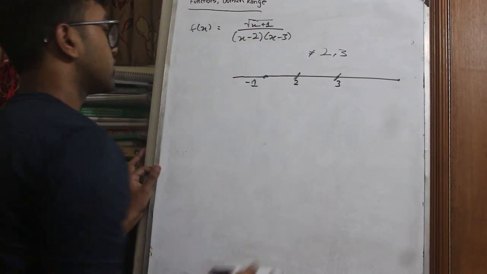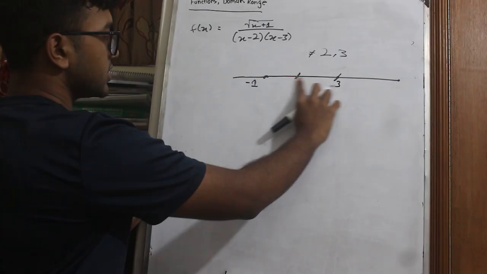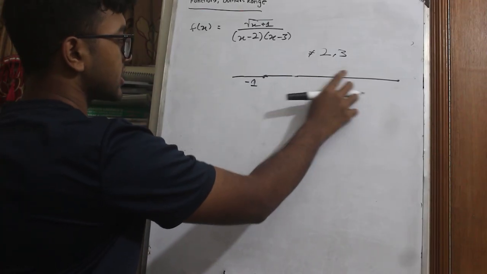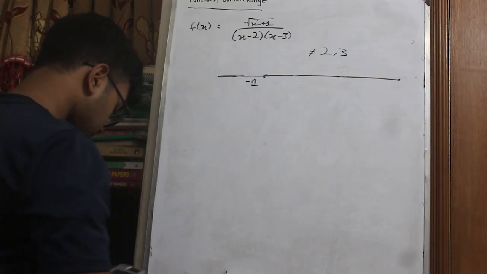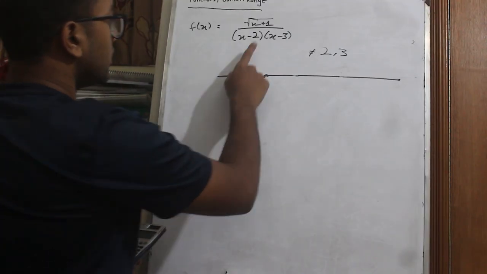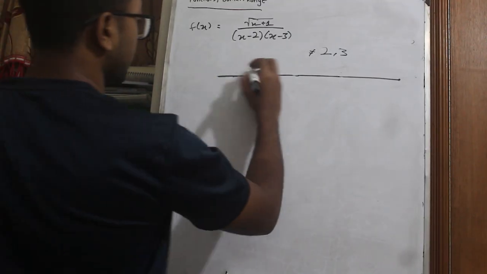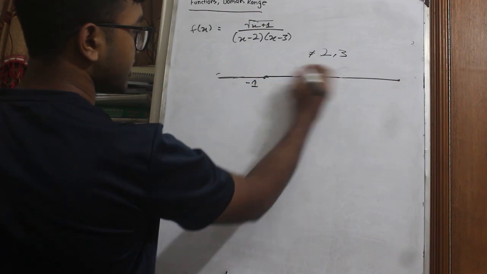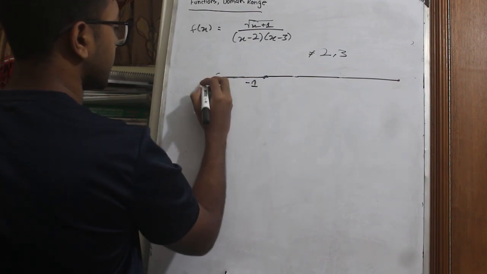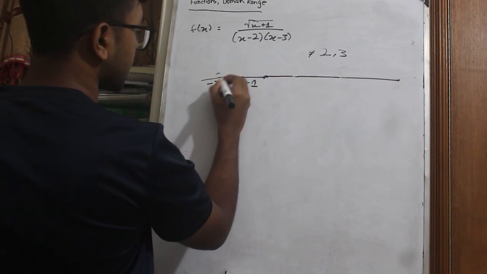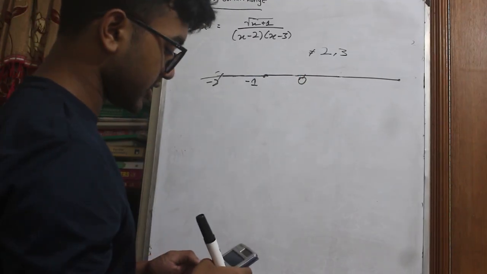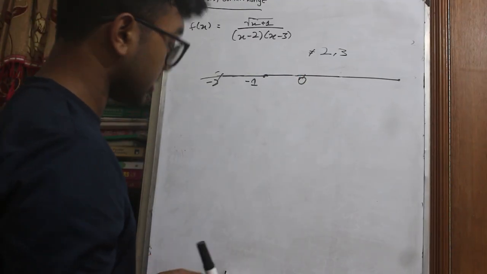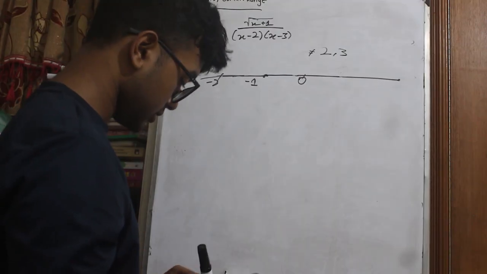Now, what happens to this one? We can just set these two aside and figure this one out. It's minus 1, so there's only one segment: the numbers that are greater than minus 1 and the numbers that are smaller than minus 1. So let's put 2 here and let's put 0 here. We write the given expression into the calculator exactly how it is.